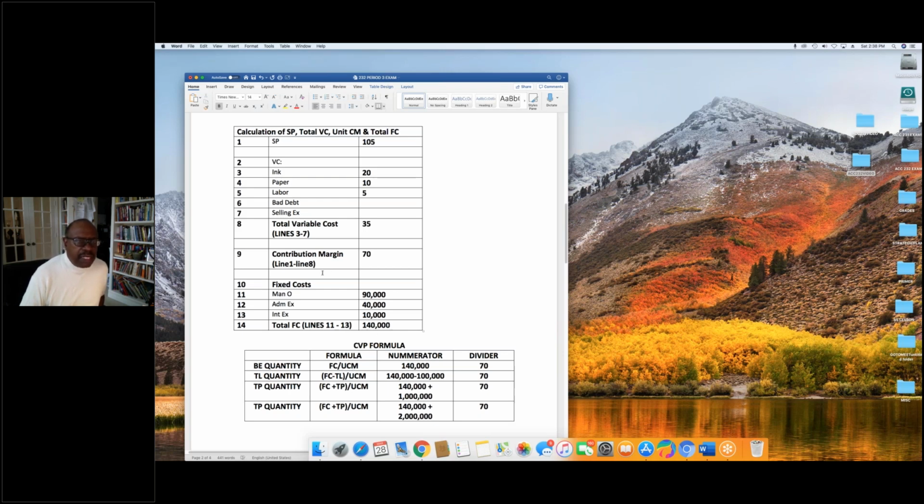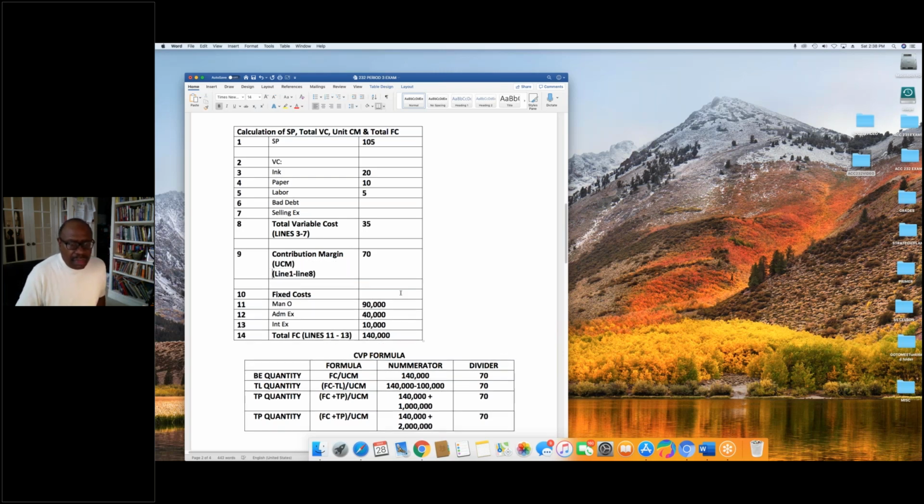And so our UCM, contribution margin, which we define as the UCM, is 70.